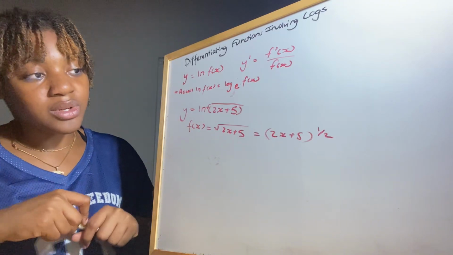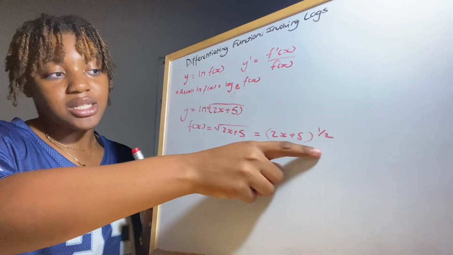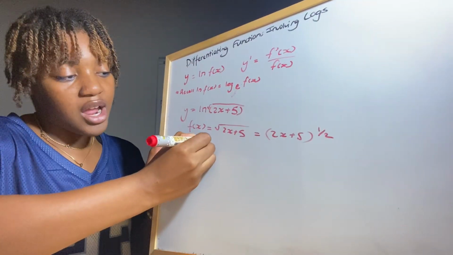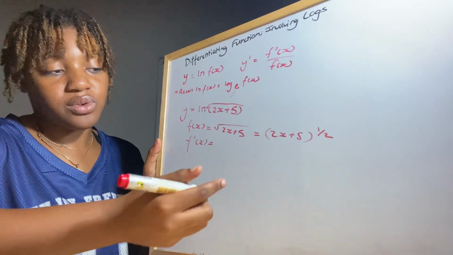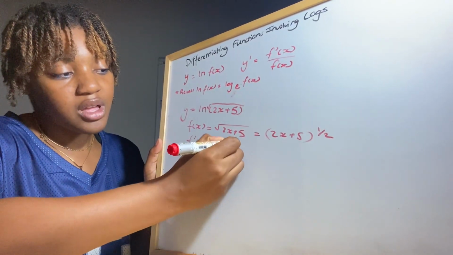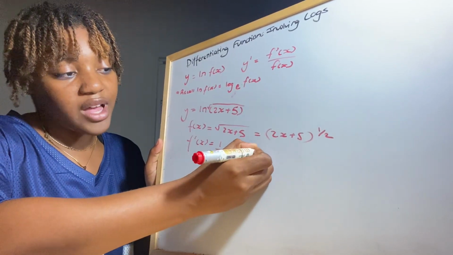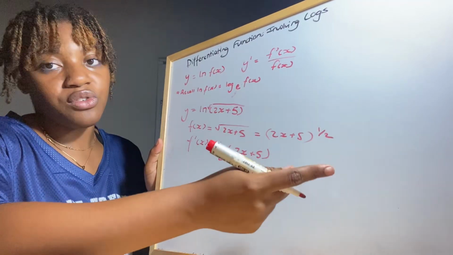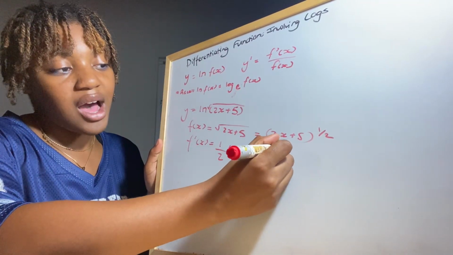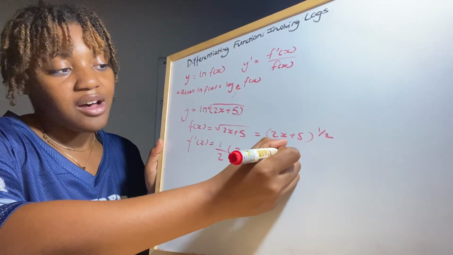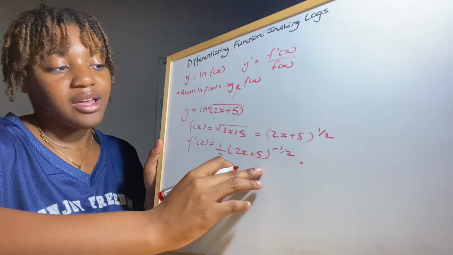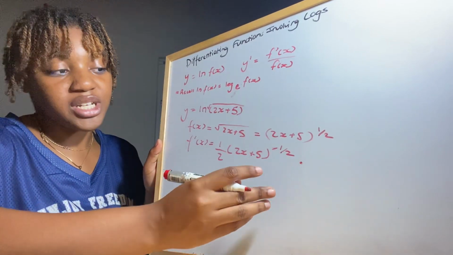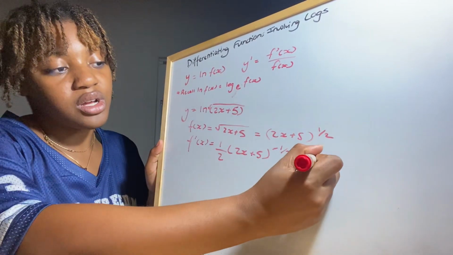Next, we're going to differentiate this statement. f prime of x would be equal to, we're using the chain rule, so we're going to bring down the half, then we'll have 2x plus 5. We're going to subtract 1 from the power. That would leave us with negative a half, and we're going to multiply all of this by what's in the bracket differentiated. So that would leave us with 2.